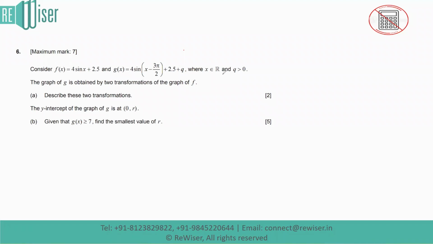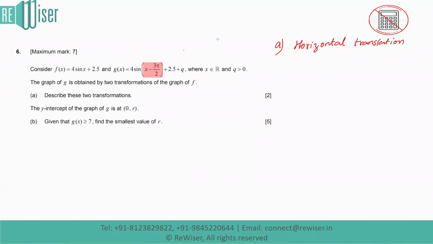There are translations. Translation means moving up or down, or moving left or right. First of all, if I talk about the horizontal translation, clearly we have x minus 3 pi by 2.